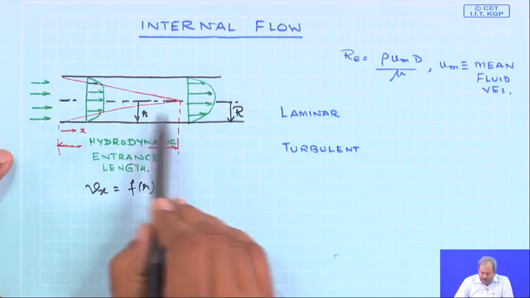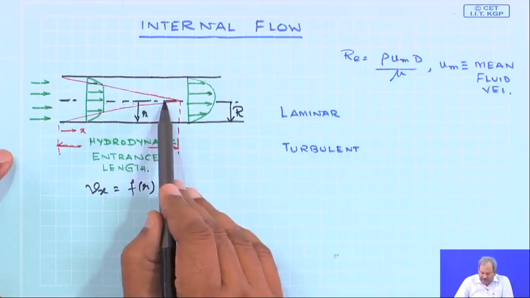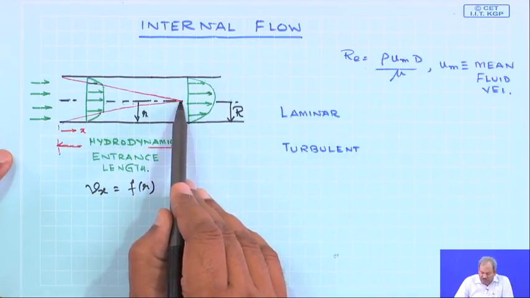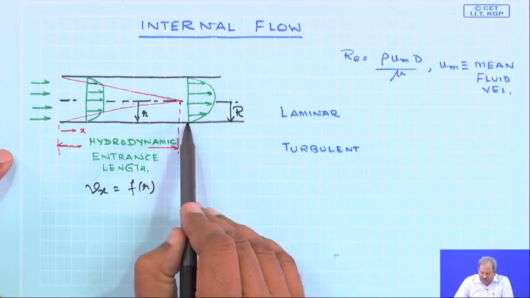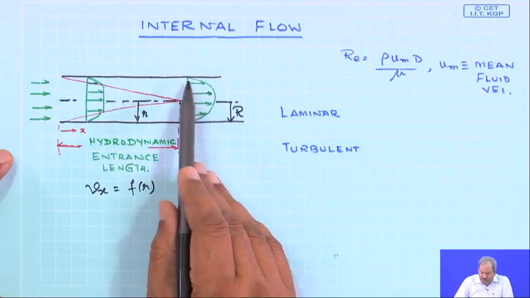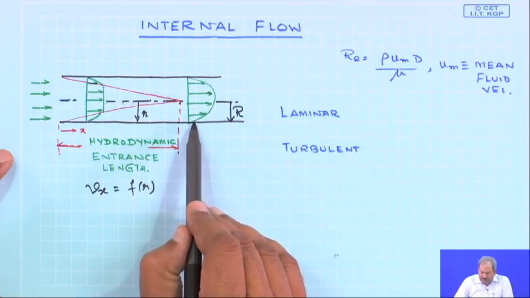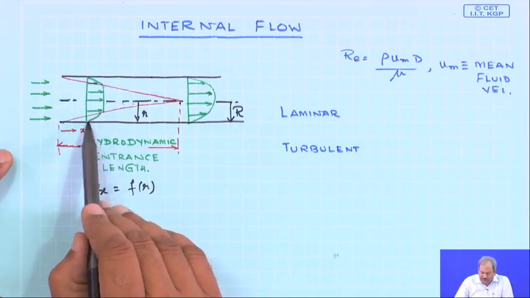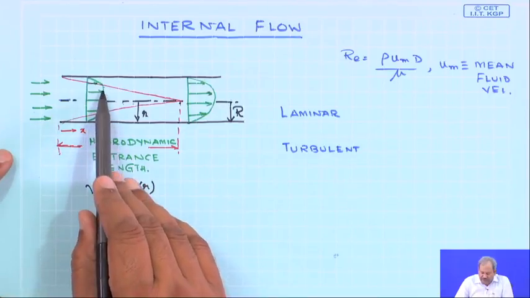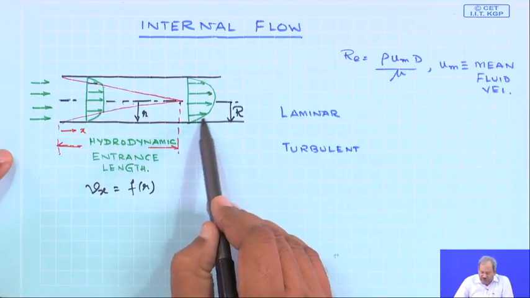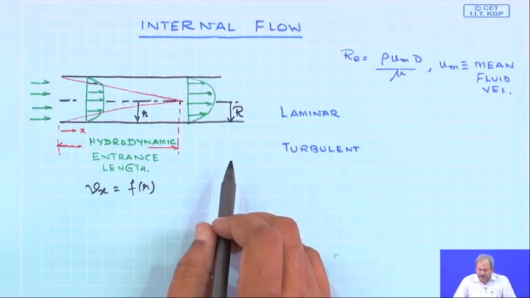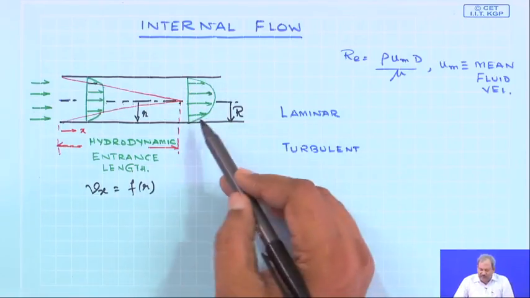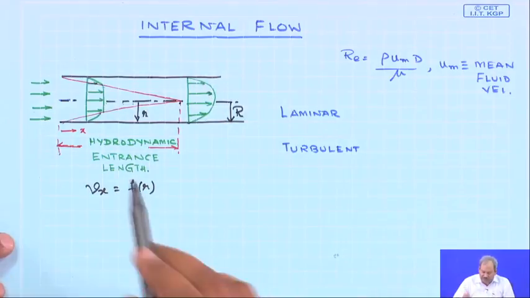At some point from the entrance, these two boundary layers will coincide, and from that point onwards, if it is laminar flow, the velocity profile is simply going to follow the laminar velocity profile. Previously you had a variation and a flat region, but over here, as you know from fluid mechanics, it is going to be a parabolic distribution of velocity.